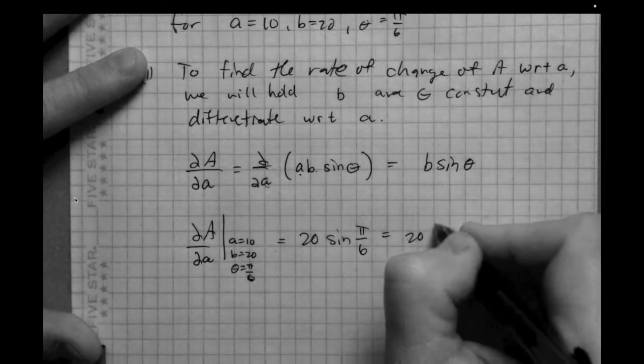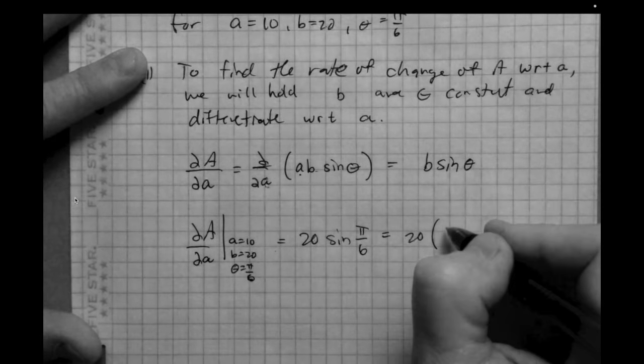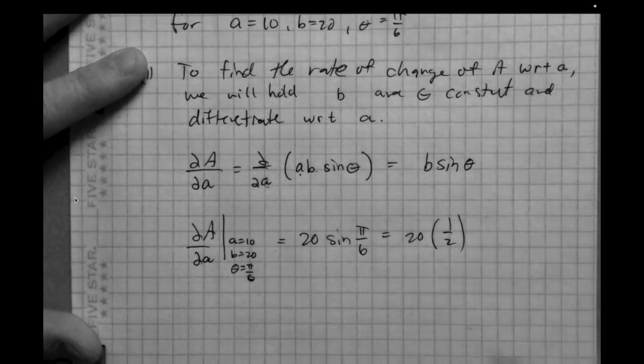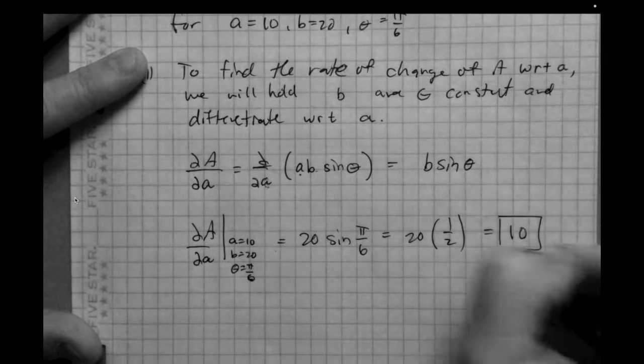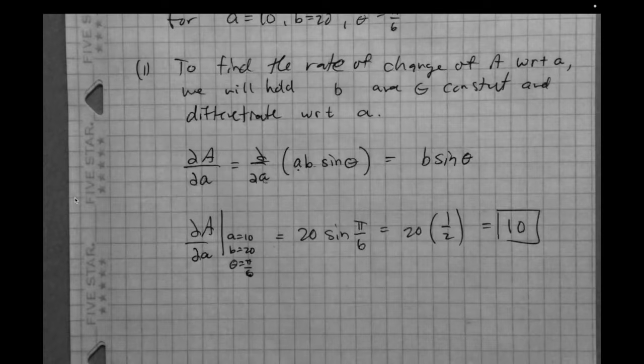Sine of pi over 6 is 1/2, and so this is 10. So the rate of change of the area with respect to the side A is 10.